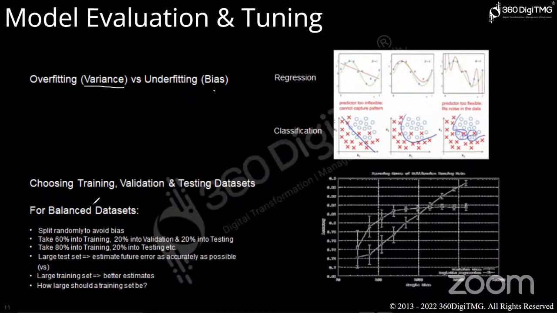Now how to choose the training, testing, and validation set? We should split randomly. We can take 60% for training, 20% for validation, 20% for testing. Or we can do 80-20 between training and test.